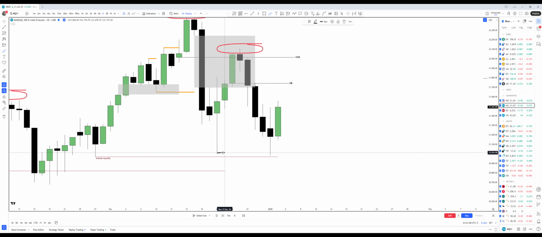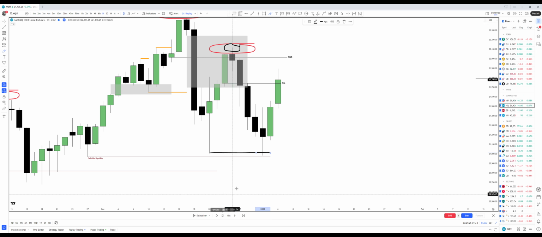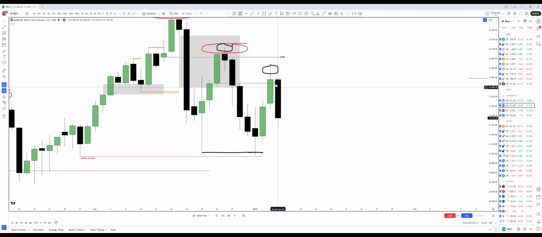This is when retail sells, the sell limit orders, right? So smart money sells from here, they buy back from here, goes up into premium. This is where smart money resells.